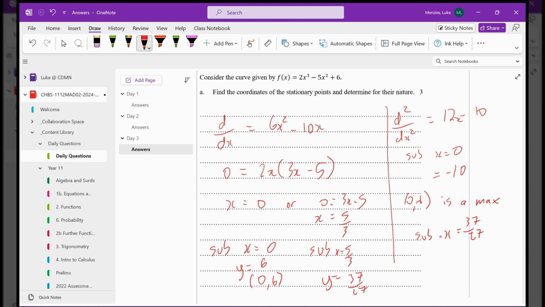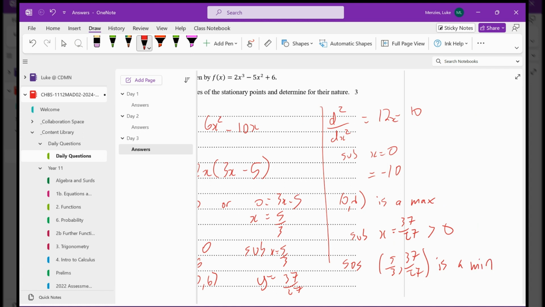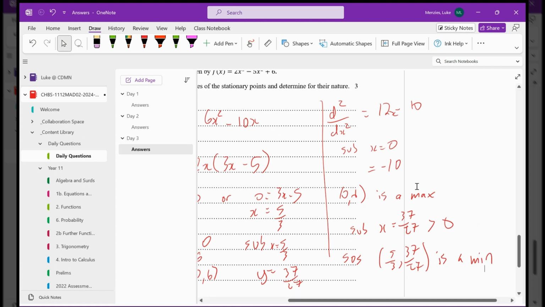If you want to check it, check it. But that is greater than 0. So not (0, 6), but (5 on 3, 37 on 27) is our min. All right.